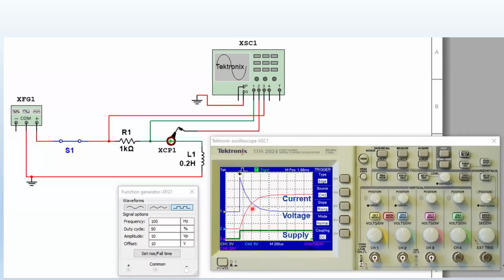So then the current goes up. And when the current goes up to the maximum, then the voltage will go down because there will be no resistance. So the coils are the opposite of capacitors. Capacitors like change. Coils do not like change.